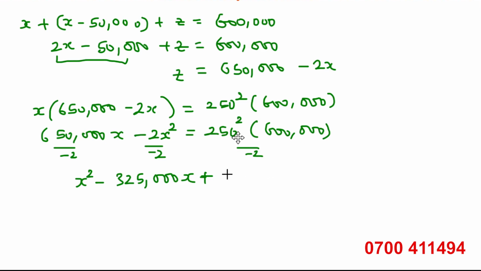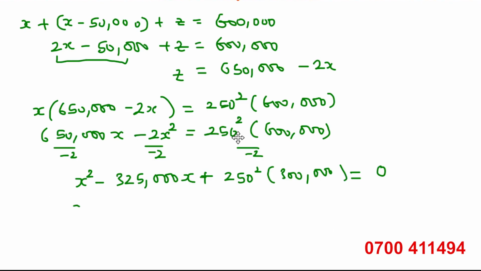So we have plus 250 squared times 300,000, and this is equal to 0. So we have a quadratic equation that we can solve to find the values of x.